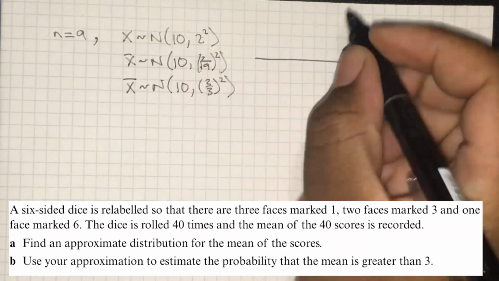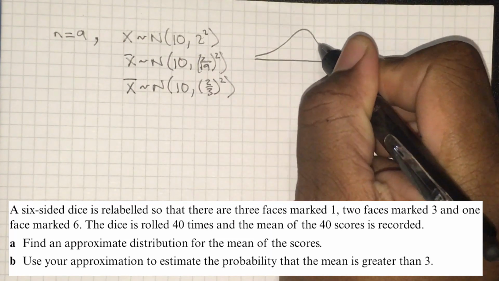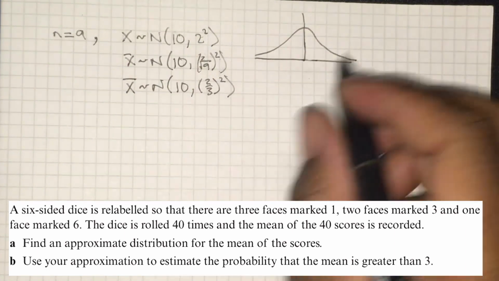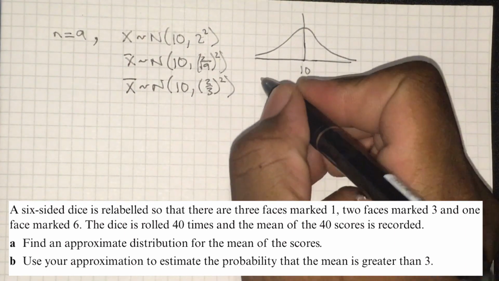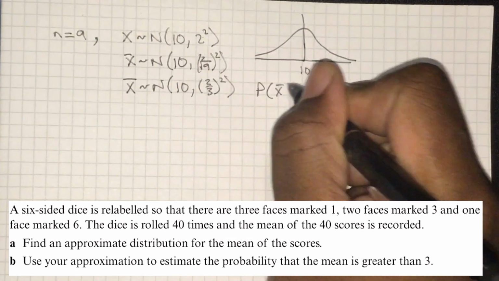Let's just get a quick diagram in here. I know that the mean is 10, and I'm looking for greater than or equal to 11. Gives me an idea of what size value I should be getting. It should definitely be smaller than 50%. So just into our calculators from here, the probability of the x-bar is greater than 11.